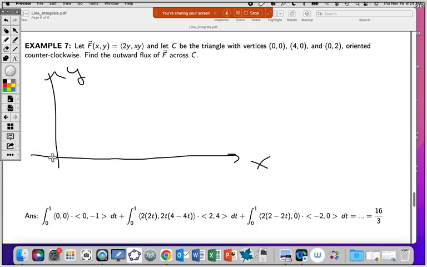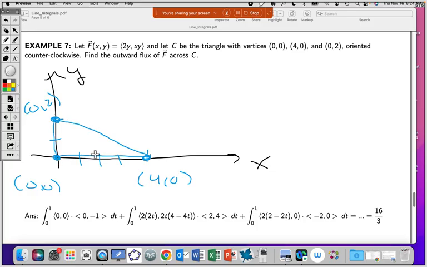So we've got 0, 0, 4, 0, and 0, 2. And so here we go, this way, this way, this way. All right, so that's our curve C.